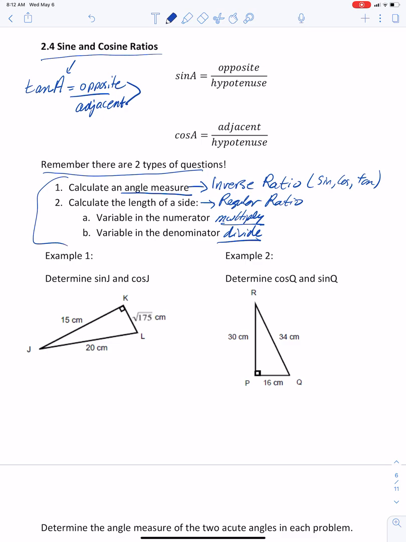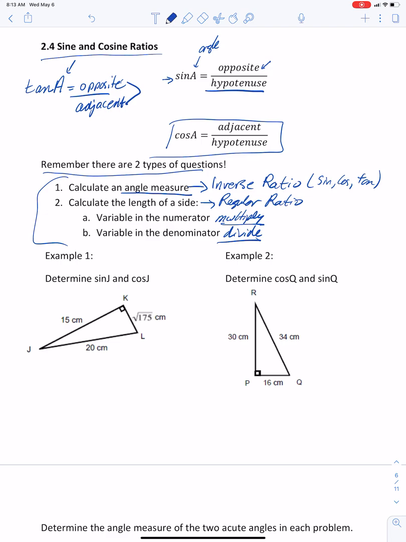Okay. What is sine? The sine, again, A is the angle, but this time instead of being opposite and adjacent, now we're talking about the hypotenuse. So it's the ratio of the opposite over the hypotenuse, and cosine is the ratio of the adjacent over the hypotenuse.